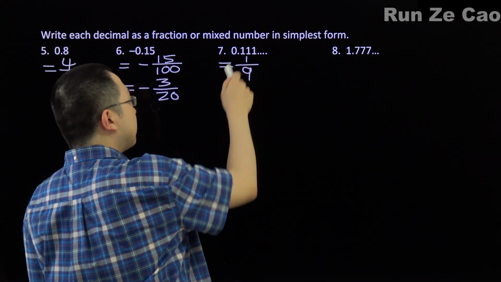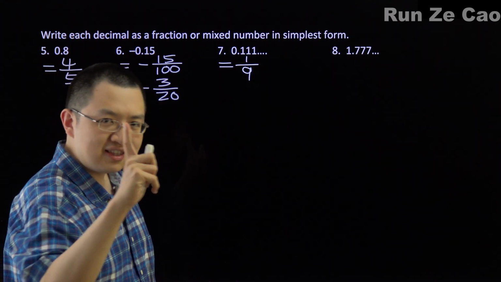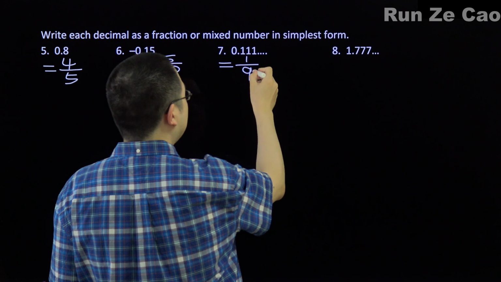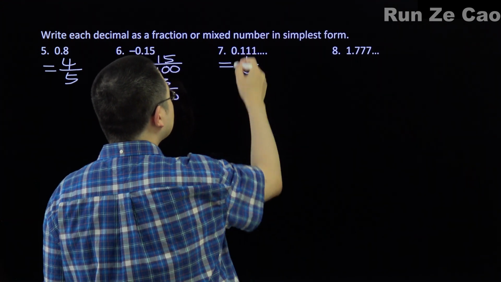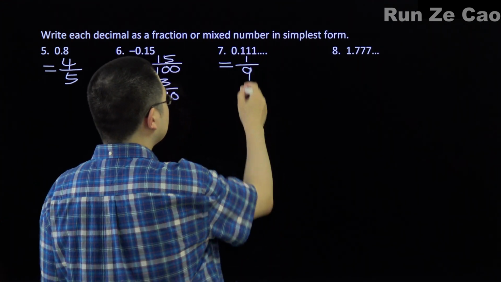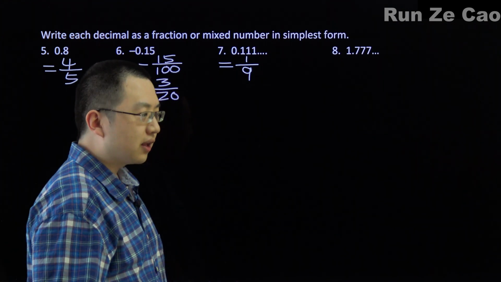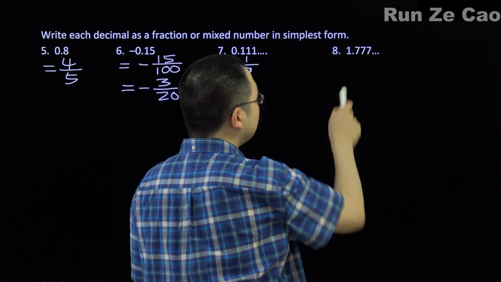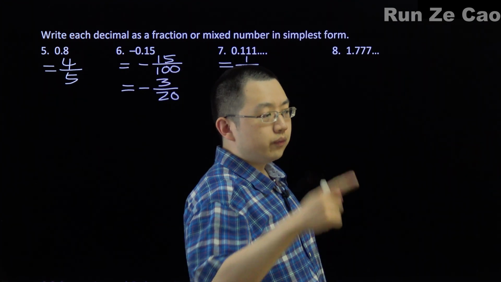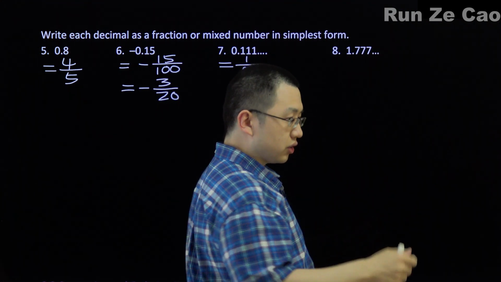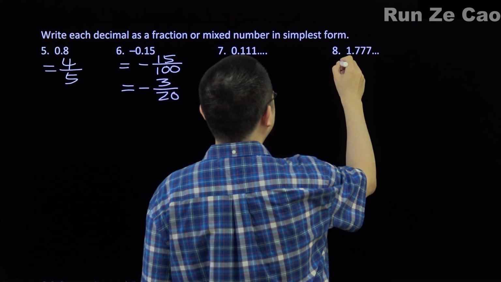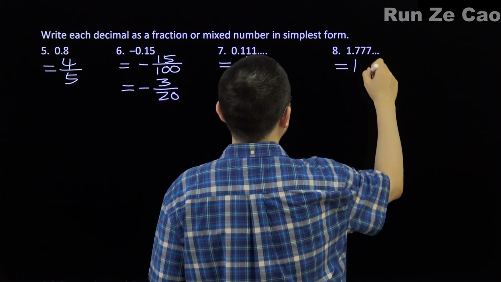The length of the repeating unit is 1 digit. So you can multiply by a single 9 and see what happens. You start with the denominator being a single 9. Here, the repeating unit is also 1 digit, so you can also go with denominator equals 9.